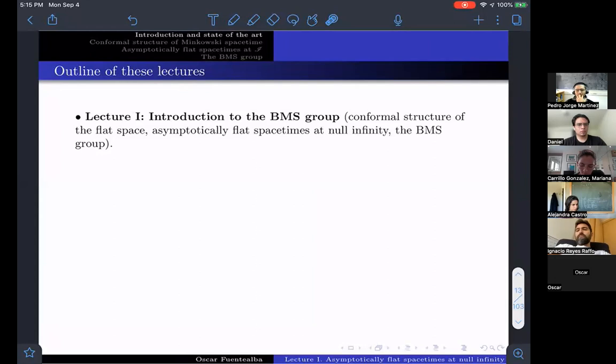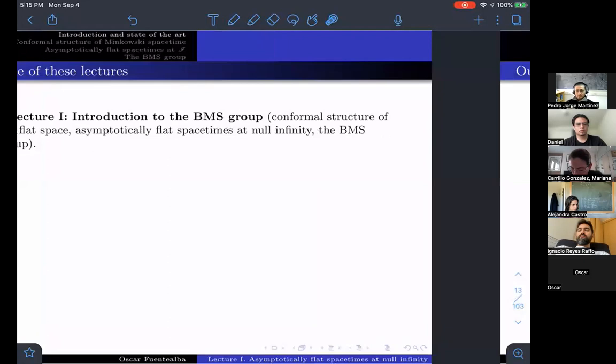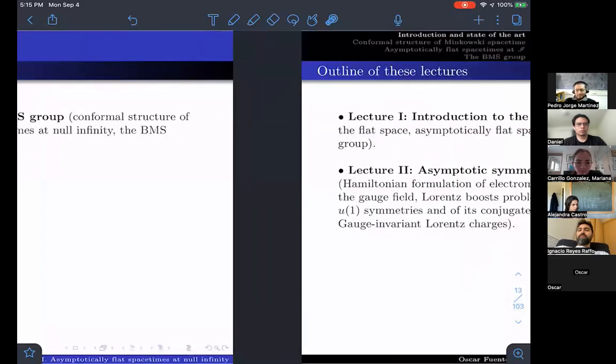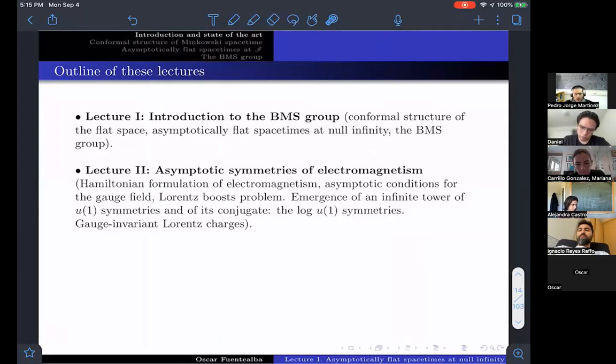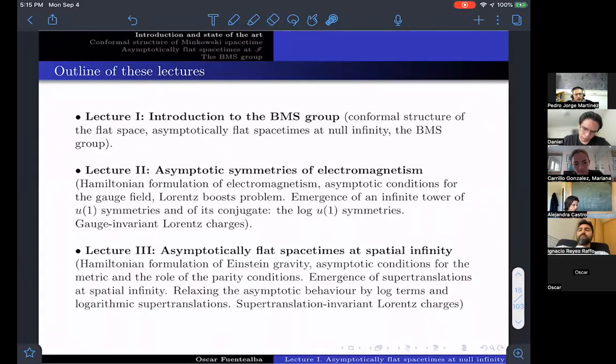We will define what the Bondi coordinates or Bondi gauge are. And also we will see what the structure of the BMS group is. The next 2 lectures are dedicated to studying the asymptotic symmetries of electromagnetism and also asymptotically flat spacetimes, but from the Hamiltonian perspective, which is the title of my lectures. But we will go to that tomorrow and Wednesday.